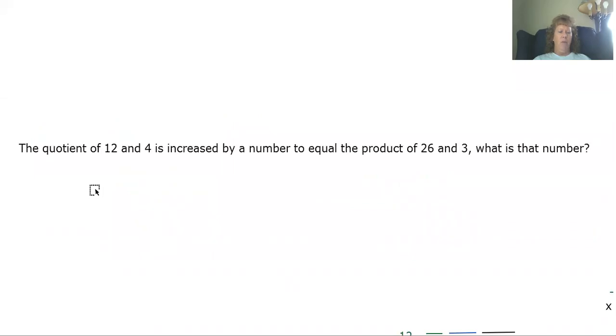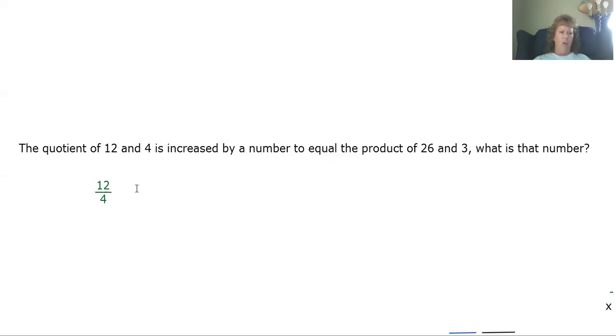In our next problem, we have the quotient, that's divide, of 12 and 4. So if I do a division problem with 12 and 4, it will look like this.